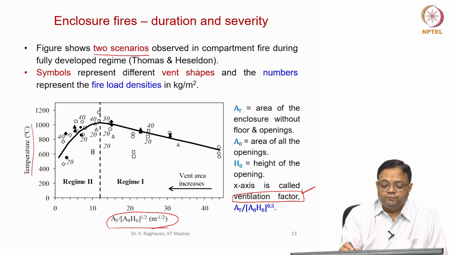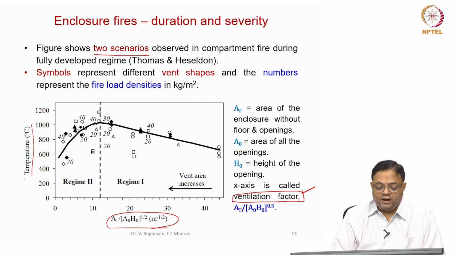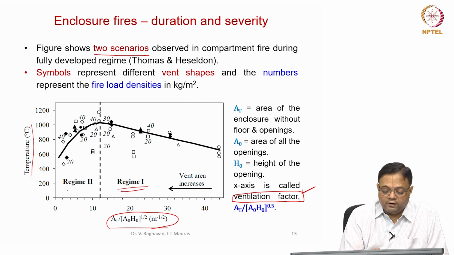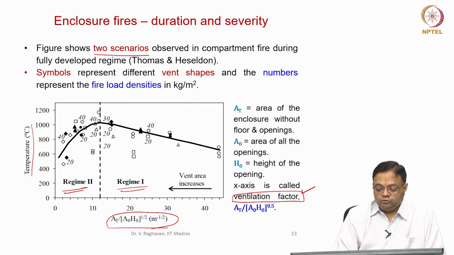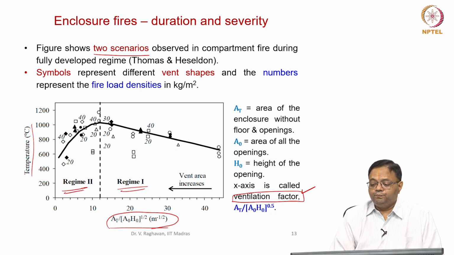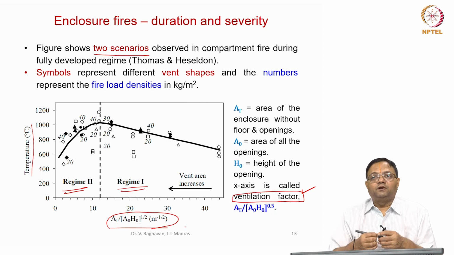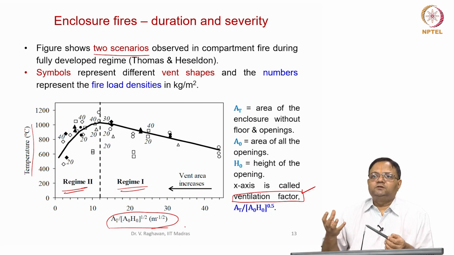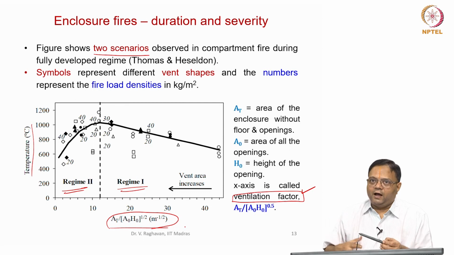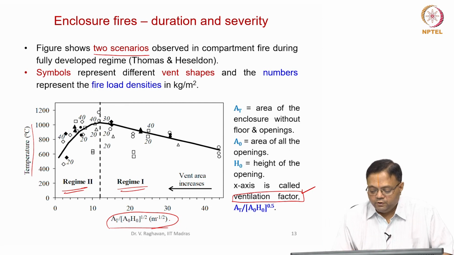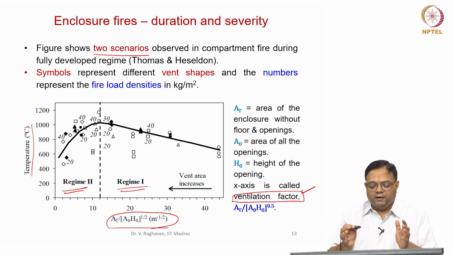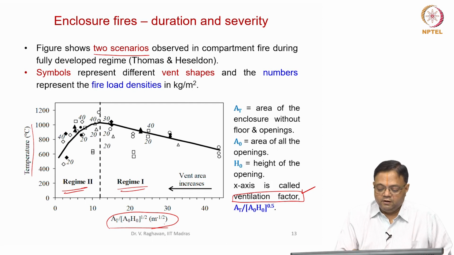Thomas and Heselden have given this plot where two regimes are explained. So ventilation factor basically can be considered as, that is, how much openings are there for air to enter in, etc., can be seen in the ventilation factor. So can be actually factored in this particular factor.